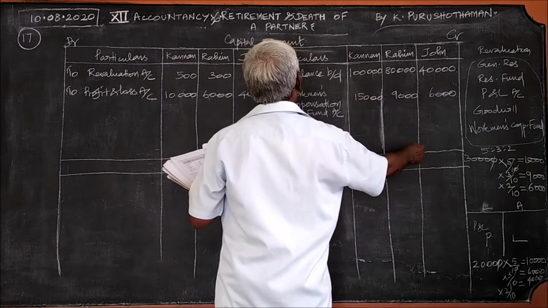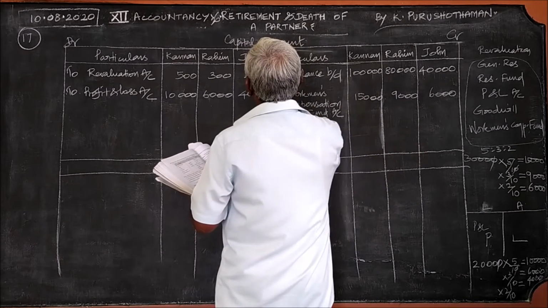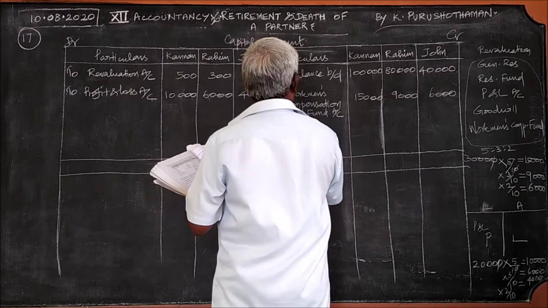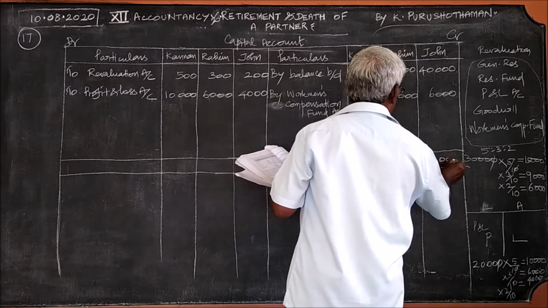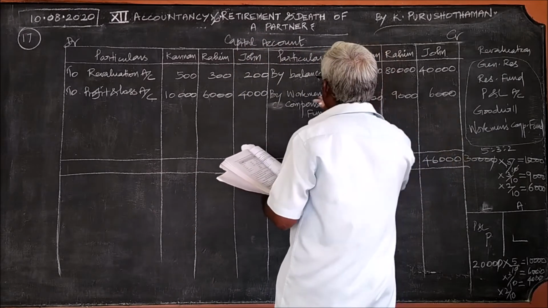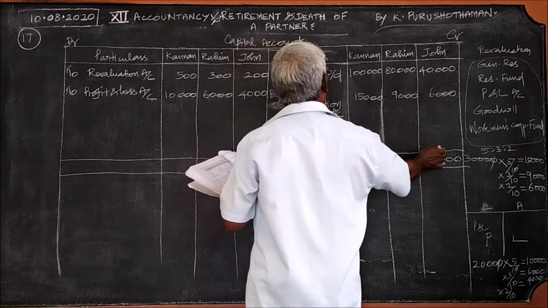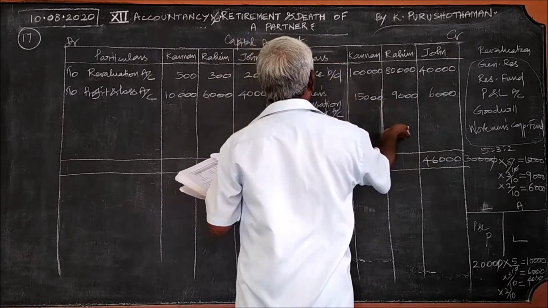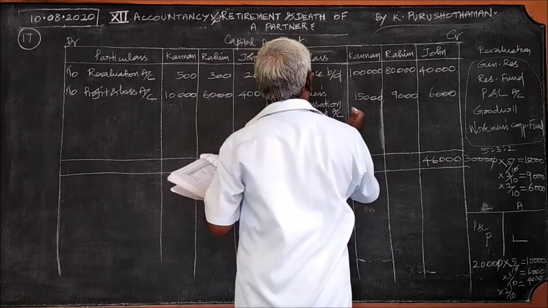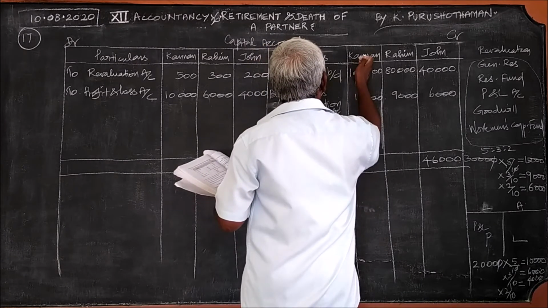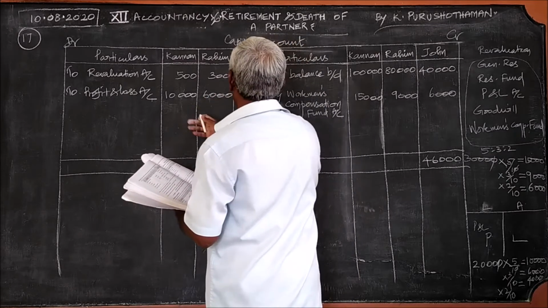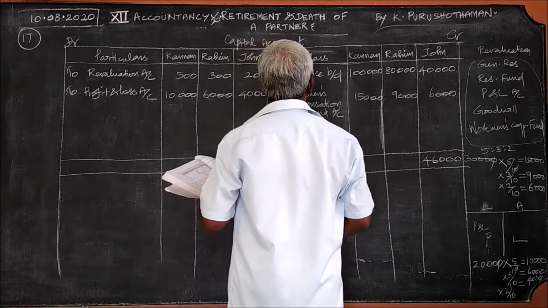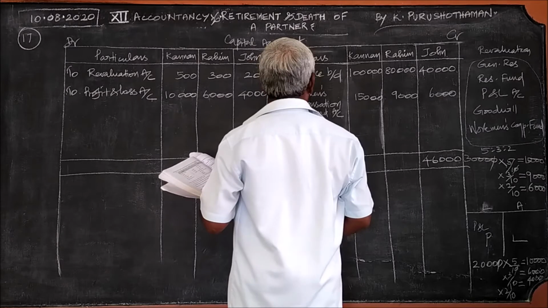Now we close it and find the balancing figure. Here 46,000 for John, here only 4,200. So you write the greater total. We should see both sides of the same partner: John with John, Rahim with Rahim, Kannan with Kannan. Because this is Kannan's profit, but here it is Kannan's loss, that is expenditure.